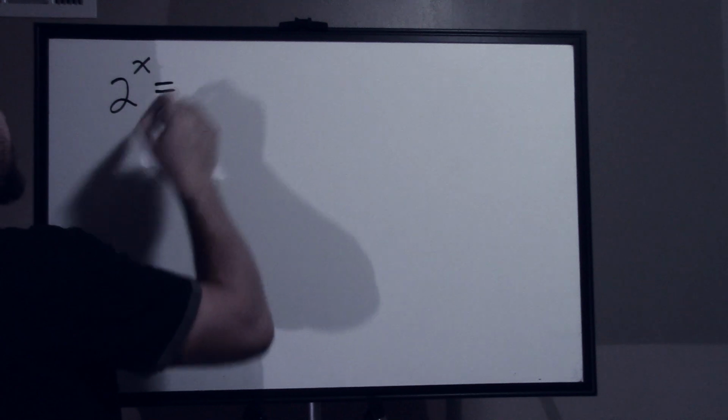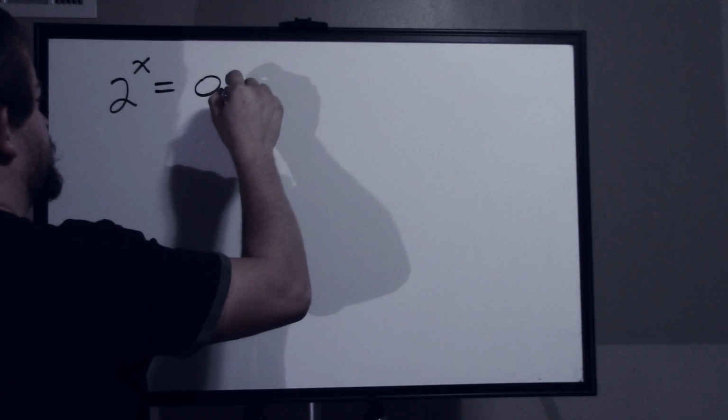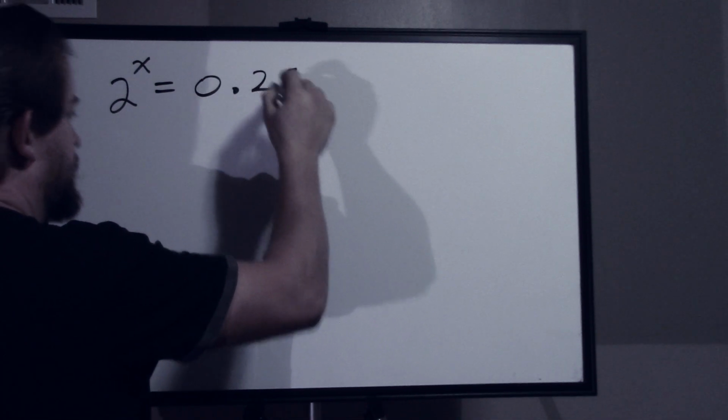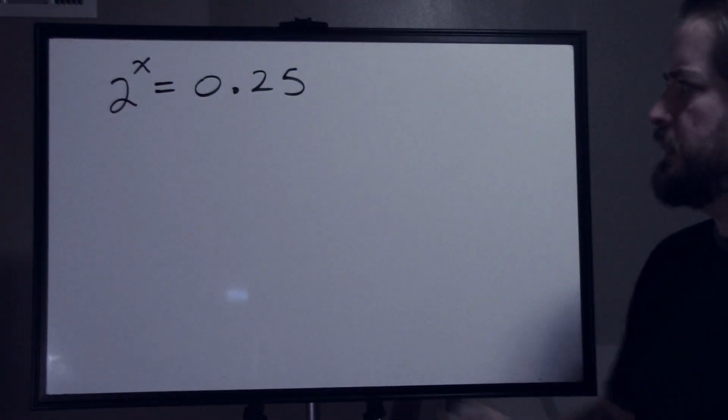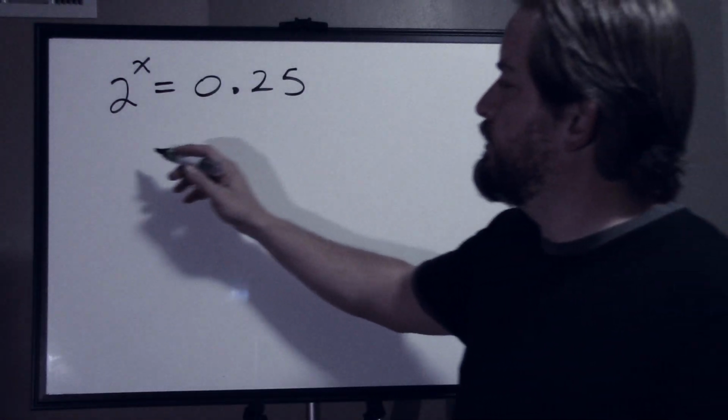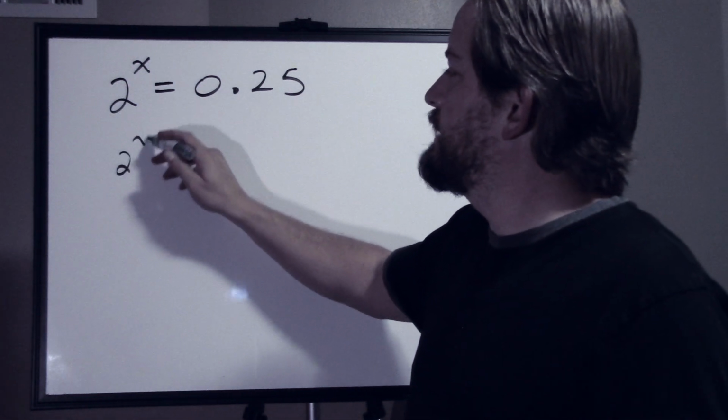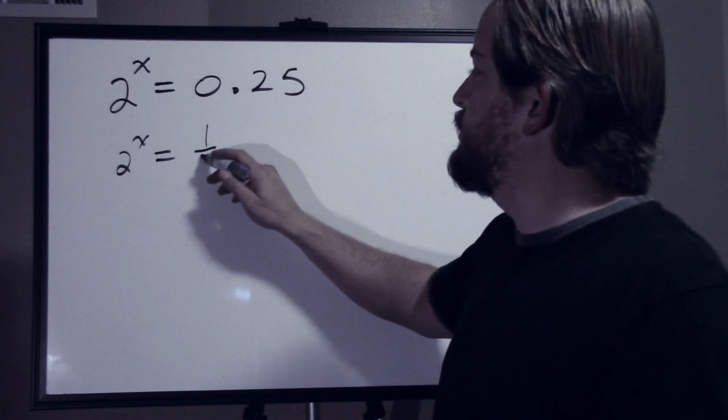So if I have something like, say, 2 to the x equals 0.25, right? How do I play with that? It's a decimal, oh my gosh, it's ugly. But 0.25 is 1/4. So this is then 2 to the x equals 1 over 4.